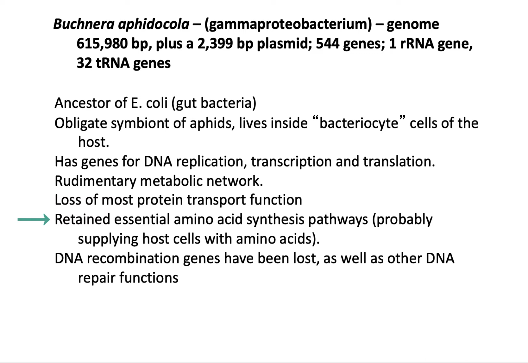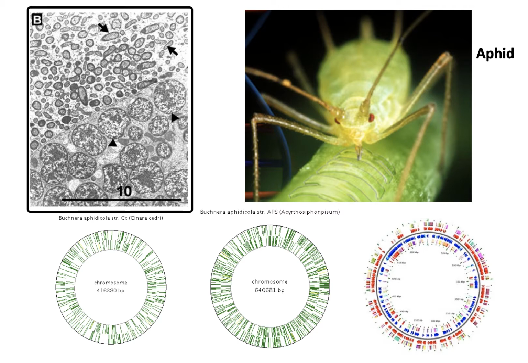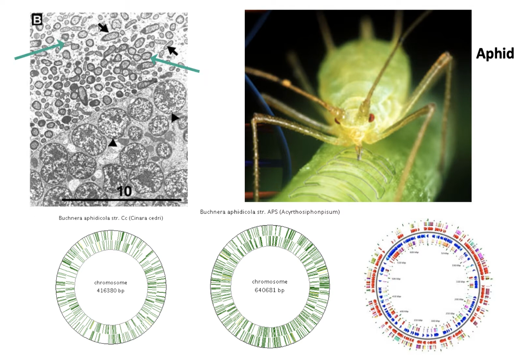It has retained essential amino acid synthesis pathways, and this is probably one reason it's retained in the host, is that it's providing the host with a lot of amino acids. DNA recombination genes have been lost, as well as other DNA repair functions, so it does have a relatively high mutation rate. Here is a micrograph on the left of those bacteriocyte cells which include the Buchnera aphidicola cells within them. And those, again, are producing a lot of the amino acids for the aphid.